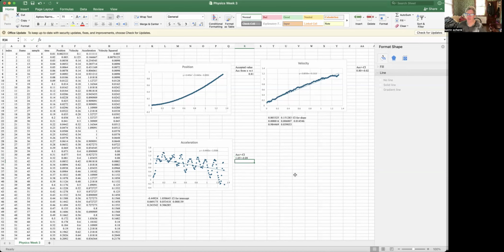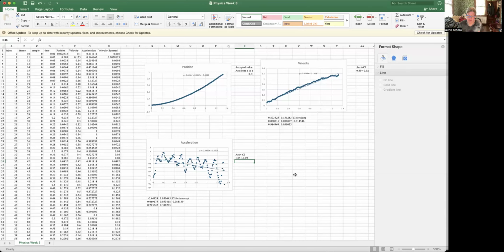Now let's see. I'm not good at doing that in my head, but 1.05 minus 0.09, that's... oh, I did that wrong. One more time. Oh, yeah, we're good. What we're looking for is whether 0.81 is in that interval.